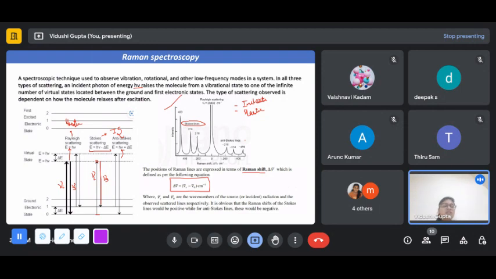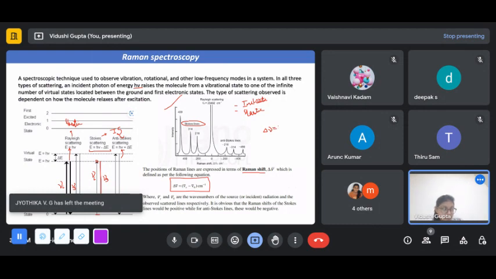So basically in this you just have to remember that the Raman shift value for the Stokes shift will be this, where this is of the incident and this is of the scattered.